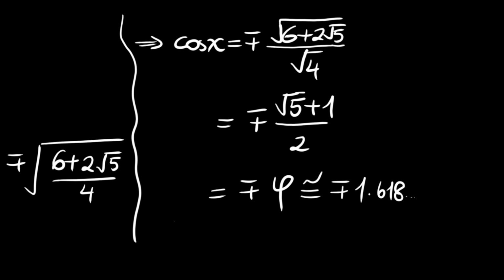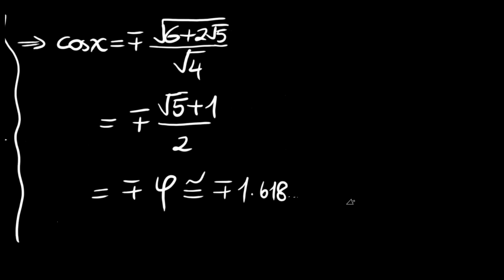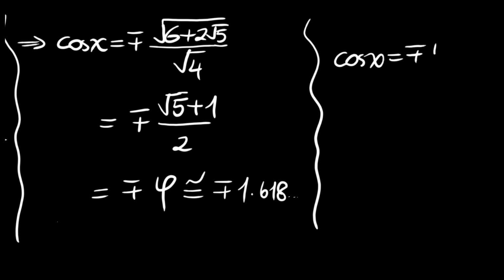So cosine for real x's cannot be equal to something greater than 1 or something less than negative 1. We have no solution in this case. Cos x equals plus minus the golden ratio has no solution in R.